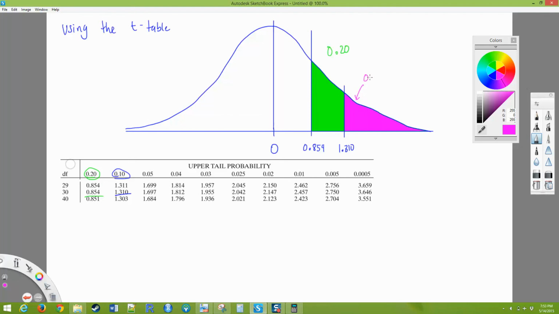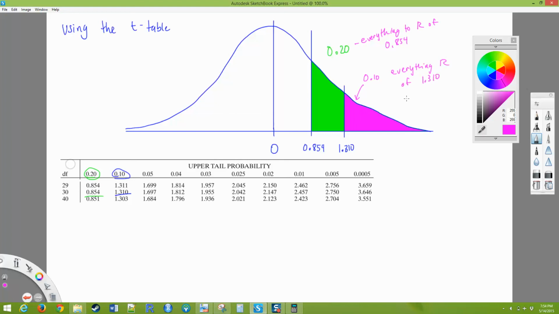10%. Okay? So this 20% is everything to the right of 0.854. 10% is everything right of 1.310.